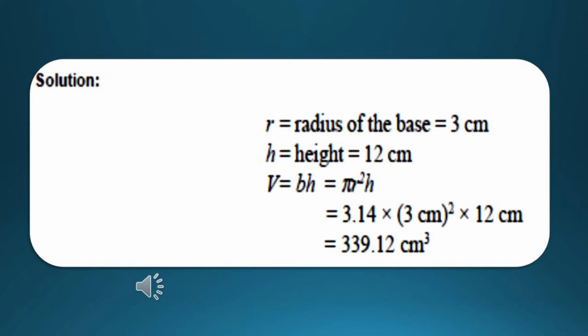The V, or the volume, is equal to Bh, or pi times radius to the second power times height. That is 3.14 times 3 centimeters to the second power times 12 centimeters. That gives us a volume of 339.12 cubic centimeters.